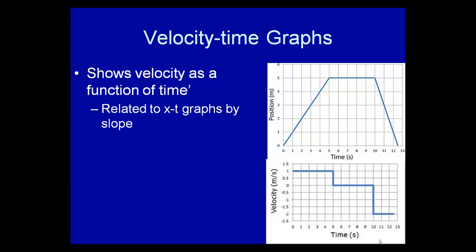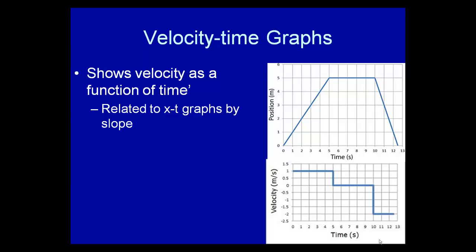Now, a velocity time graph shows velocity versus time, and it's related to the position time graph by slope. So if you look at these two graphs, they go together. It's the same graph we had on the previous page. If you look at it from 1 to 5 seconds, the speed is 1 meter per second.